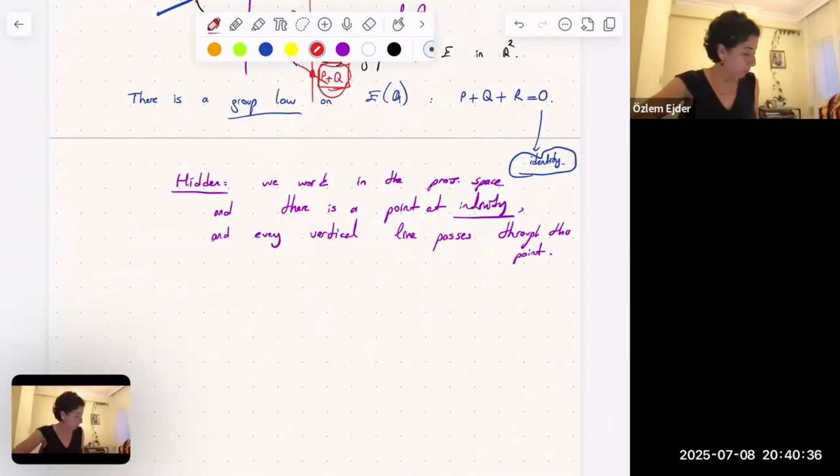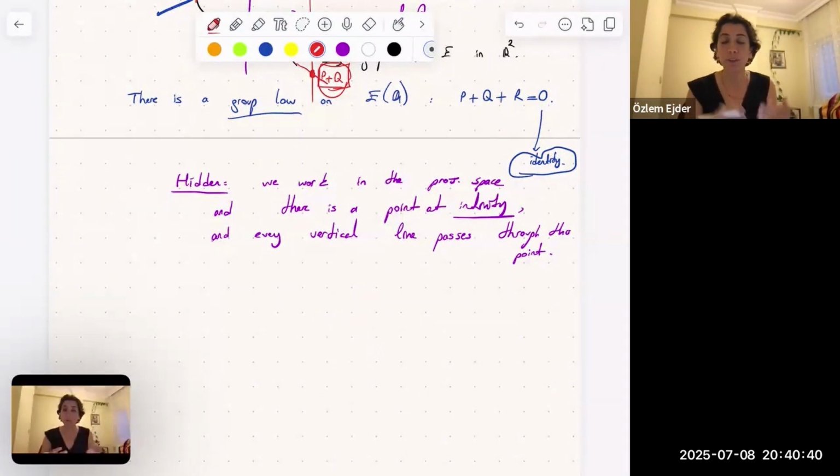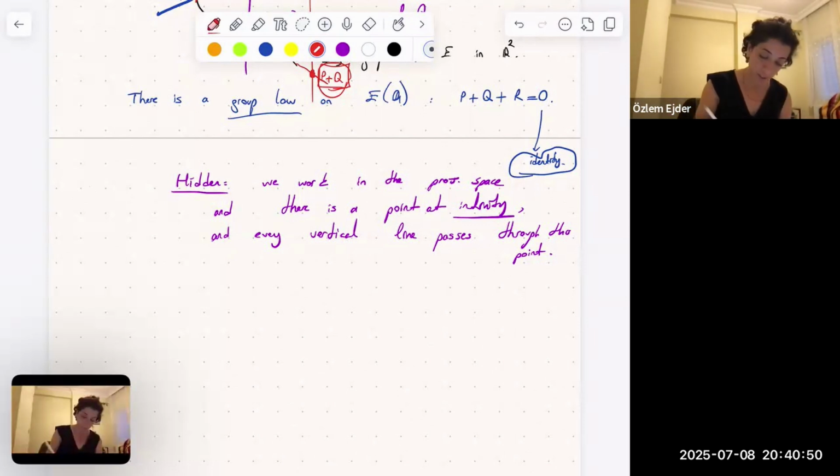So what do we know about this group? If you see a group, the question you ask is, what kind of group is this? And as I change my elliptic curve, how can this group change? Those are the questions that we ask.